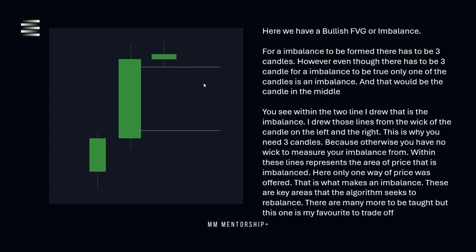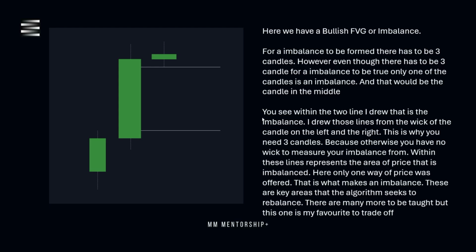Here we have a bullish fair value gap or imbalance. This candle here, as it is marked out, is an imbalance in price. For an imbalance to be formed, there has to be 3 candles. If this candle wasn't here, we couldn't call this a fair value gap. You have to wait for this candle to finish, and then it is a fair value gap.